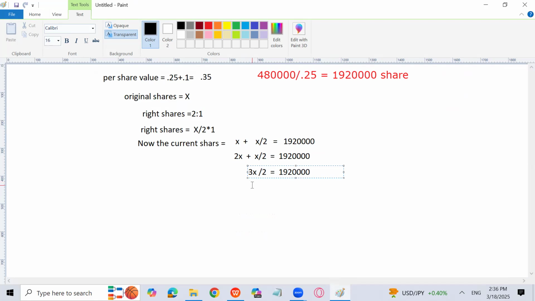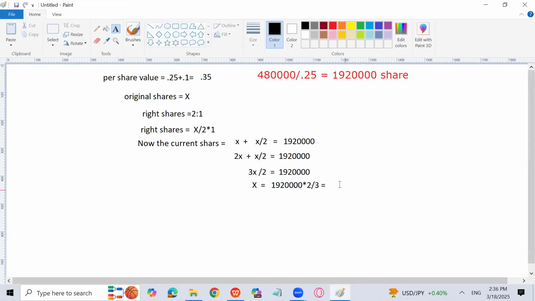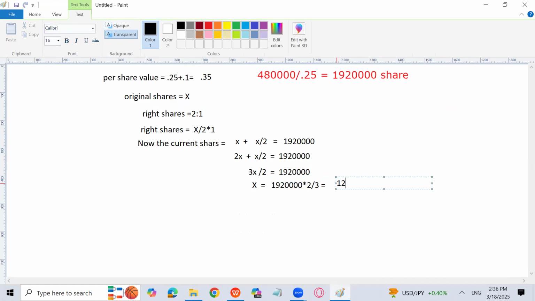The 2 will be multiplied by going to the other side, and then it will be divided by 3. So I can write here 1920000 multiplied by 2 divided by 3. So how much will it become? 12,80,000. So 12,80,000 is going to be the original shares.